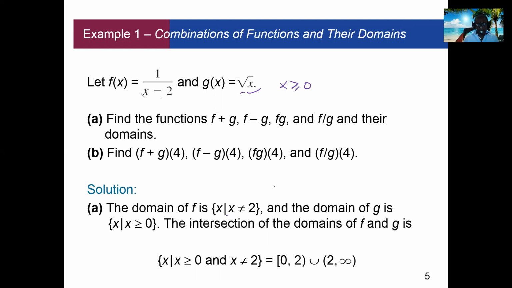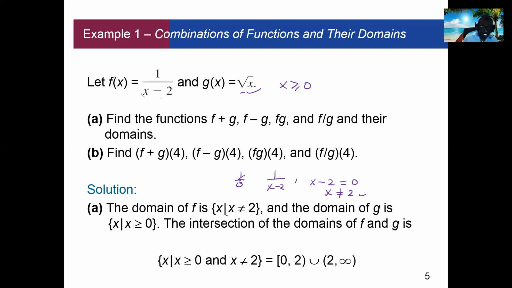As I explained, because you have 1 over x minus 2, you take your denominator and set it to 0, and x is equal to 2. So you're saying that x for the domain cannot equal 2, because if x is equal to 2, then you are dividing by 0. You're going to have something that is undefined.